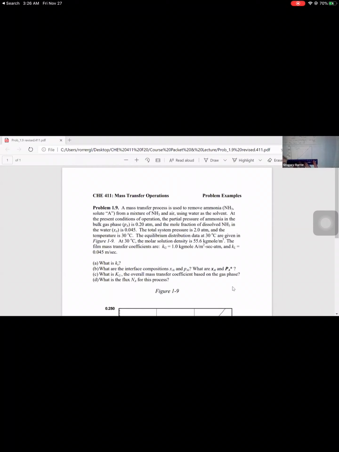We know from this one right here, this is going to be PA star, because it's that composition in equilibrium with XA. And over here, this is going to be XA star, because it's that composition in equilibrium with PA.